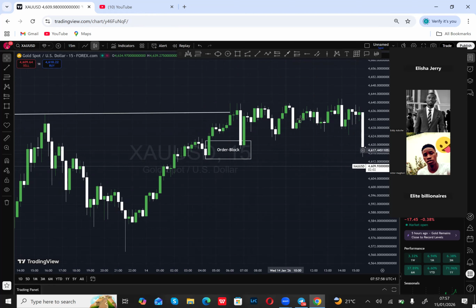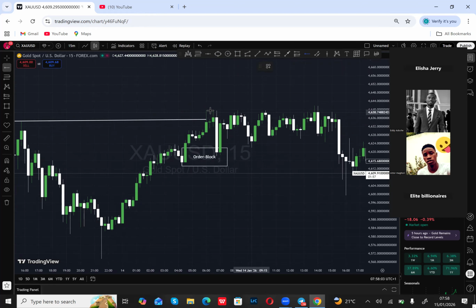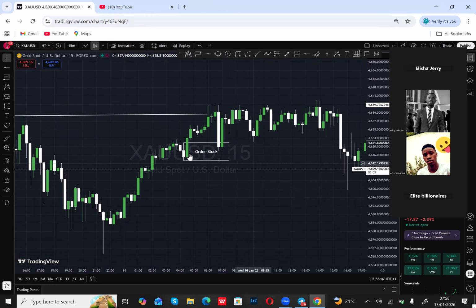I'm trying to explain just the sell. So what that means is this buy now took out this from here. We had something like this and then like this.